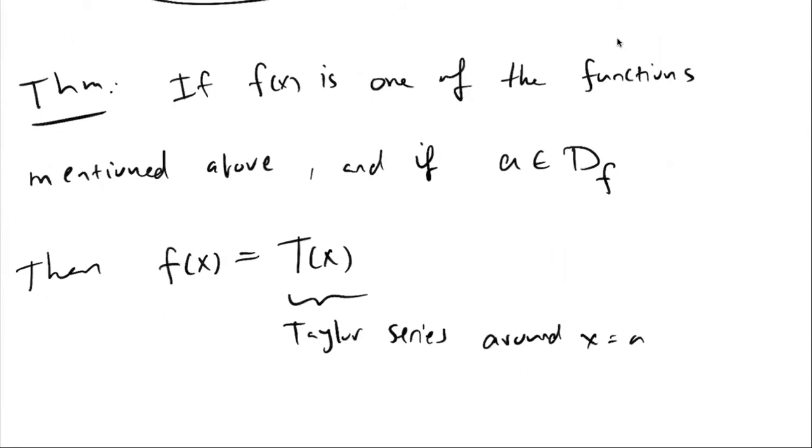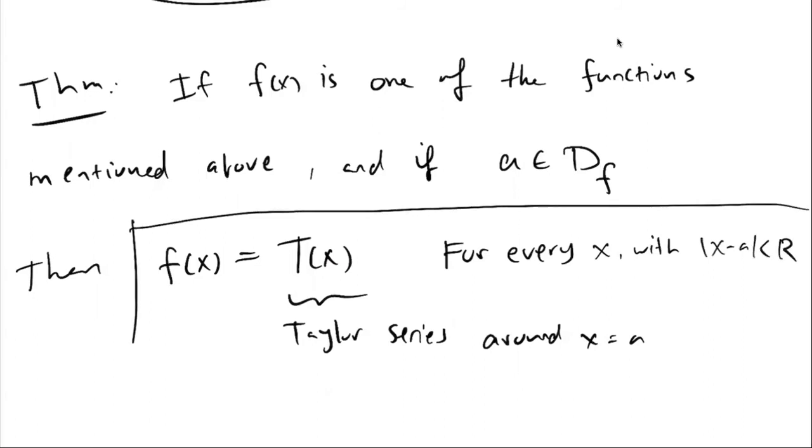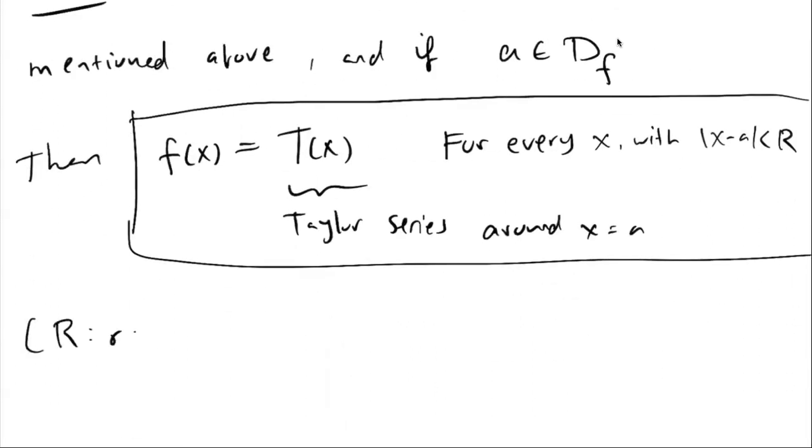Well, so far we said for x close to a, but now that we learned about the concept of a radius of convergence, we can say for every x with absolute value x minus a less than r. And here r is the radius of convergence of T of x.